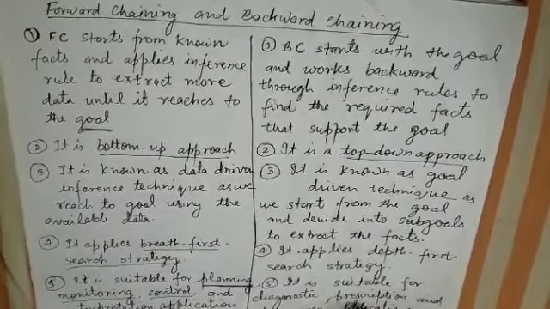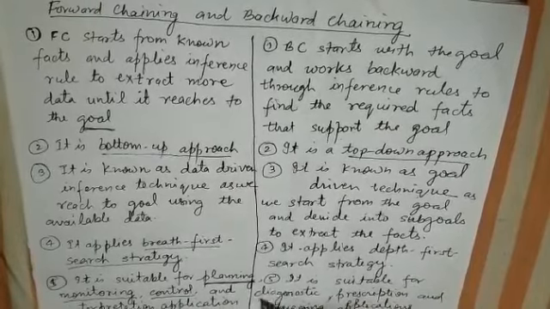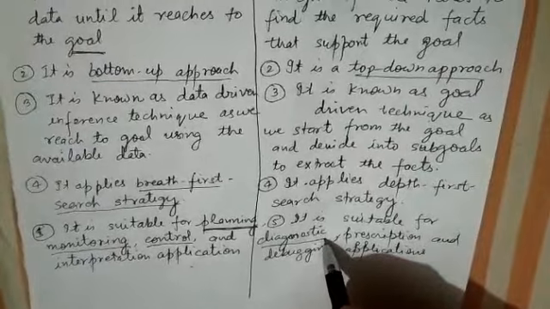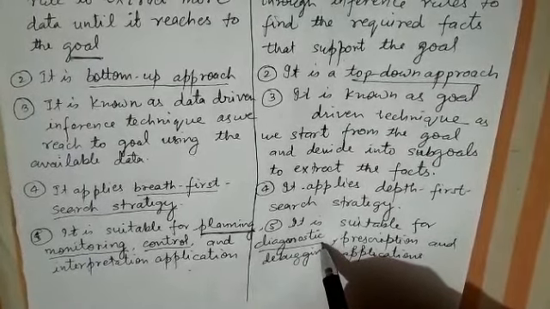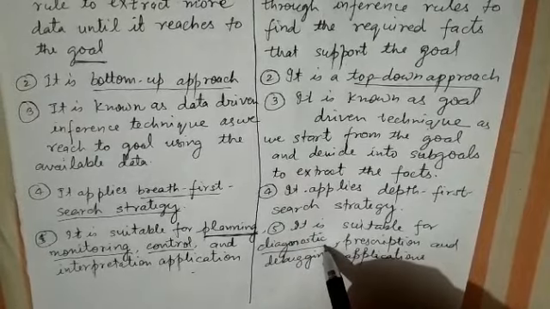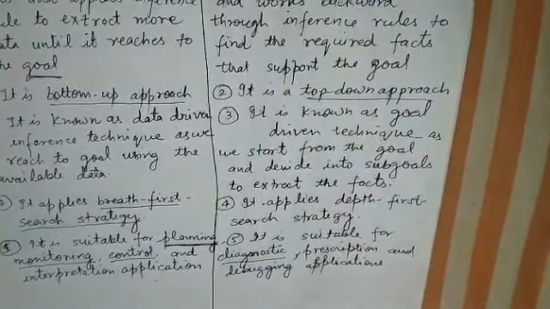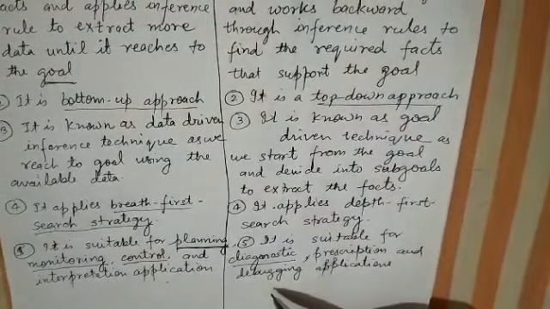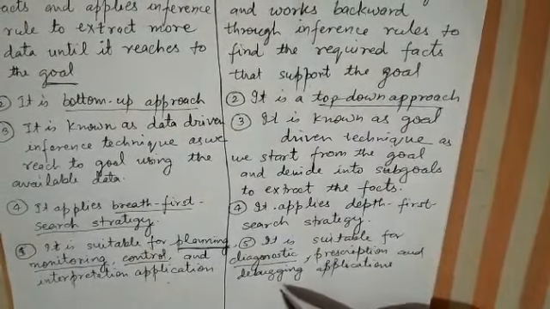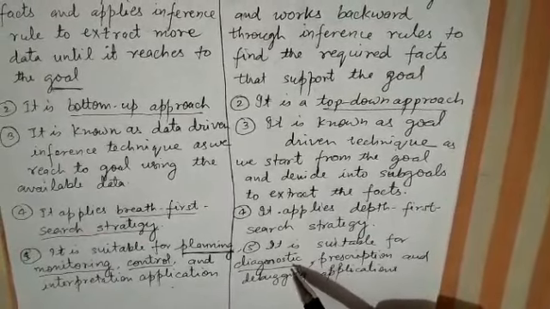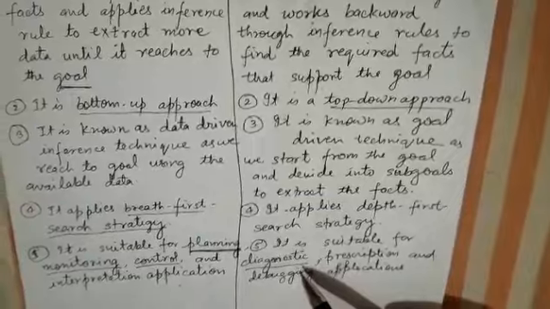While backward chaining is suitable for diagnostic purposes, where testing parameters will be given, and based on the symptoms of the patient and the medical test results, the doctors are able to diagnose the specific disease of the patient.